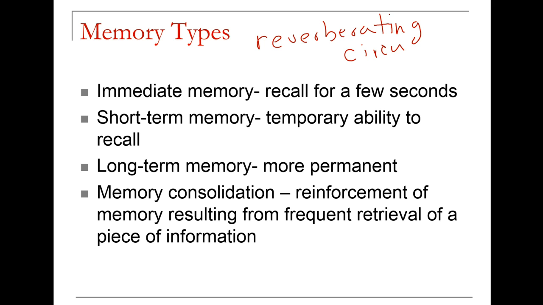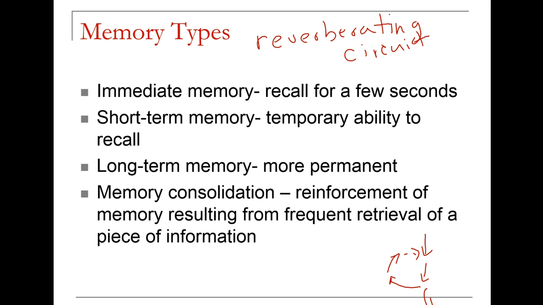And in a reverberating circuit, you have a little bit of an input, and then the neurons will connect, but eventually they could circle back on each other. So you'll have this constant circular processing and occasionally a little bit of an output, right? So this is short-term memory. So you put it into these neural circuits and you spin it around. This is where you're walking into class and you're trying to repeat one bit of information over and over again.